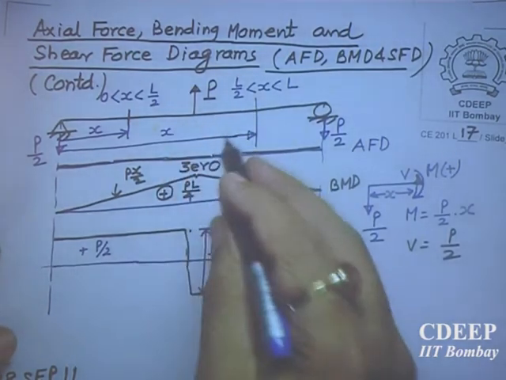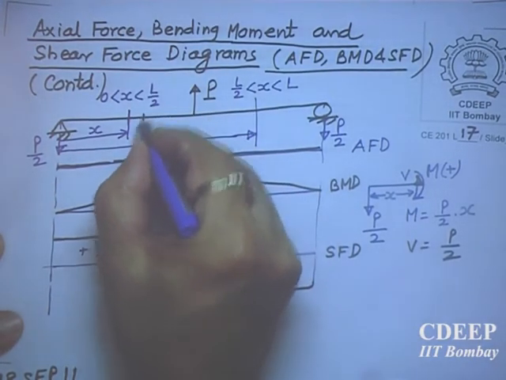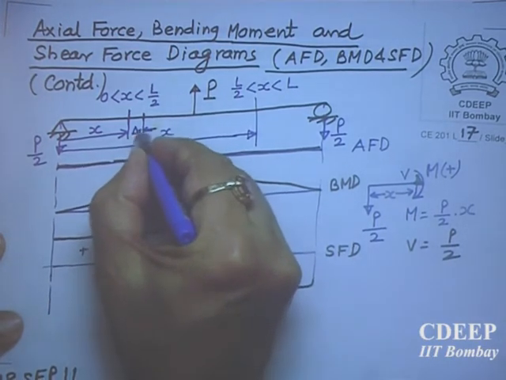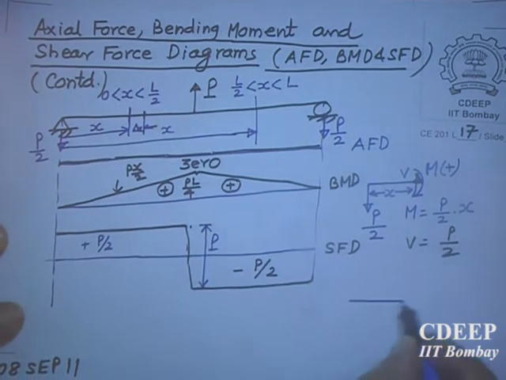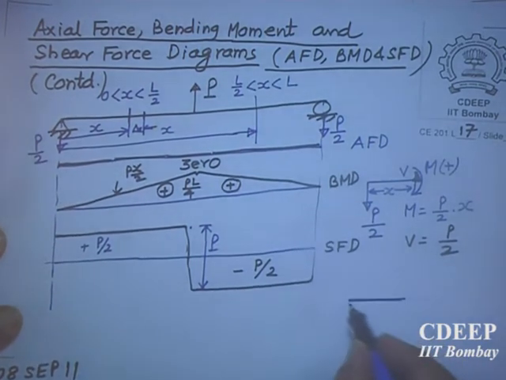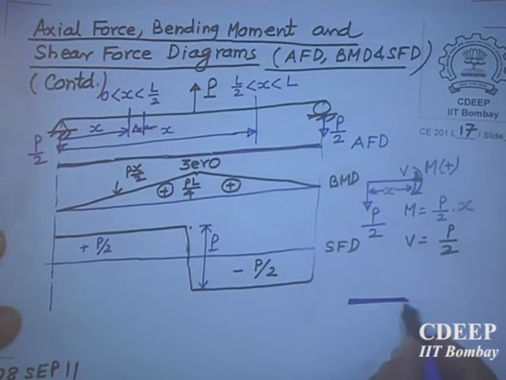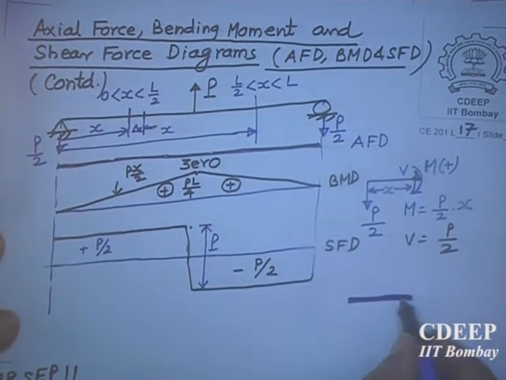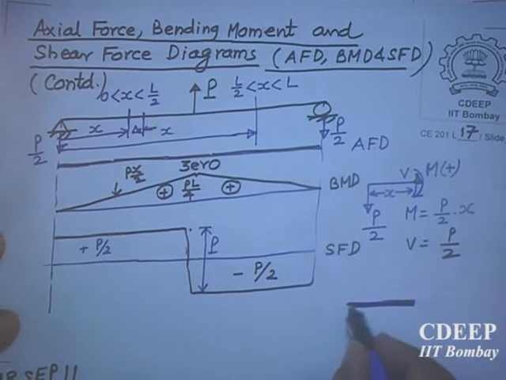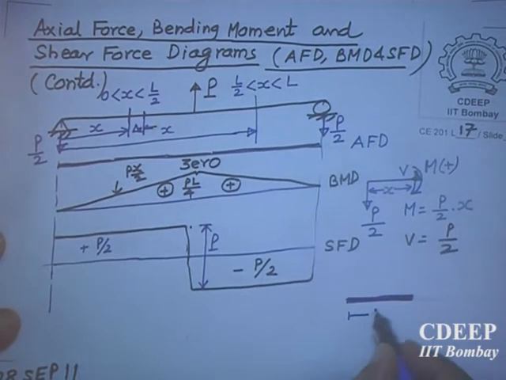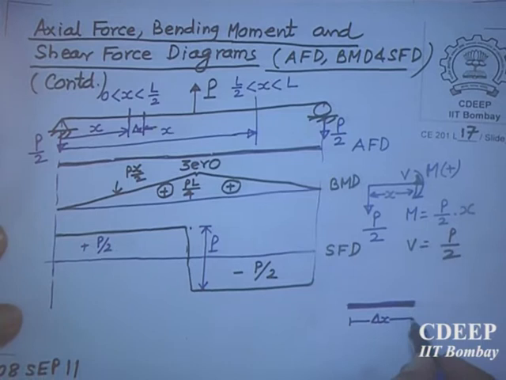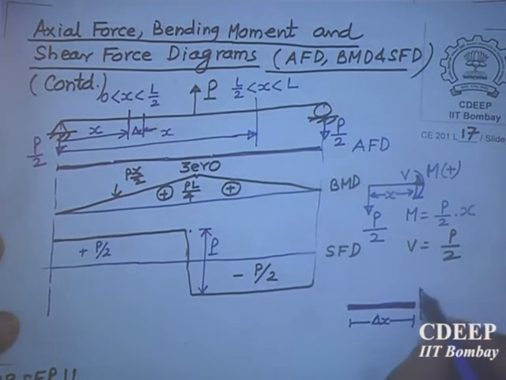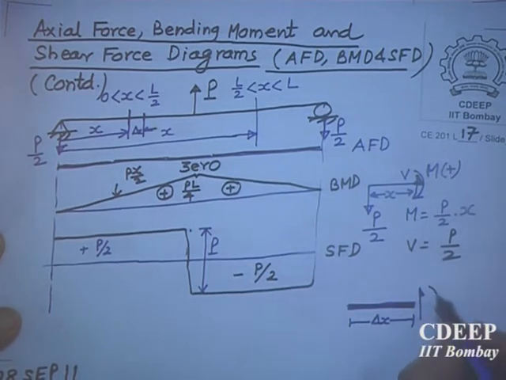Now here if I take a small beam element of length dx, I'm not drawing the thickness, I mean the depth of the beam. Here we have shear force positive, bending moment positive.